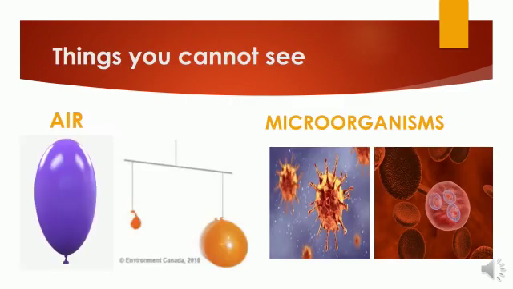Now, there are certain things we cannot see, like air, microorganisms. They are also matter. To prove that air is matter and occupies space, just fill a balloon with air. It expands.